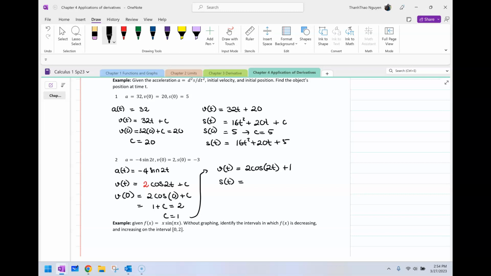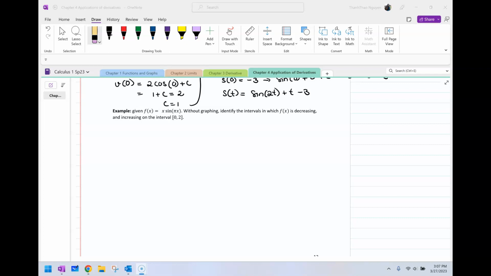The derivative of sine equals cosine, so this is sine of 2t plus t plus c. We were told that s of 0 equals negative 3. This means sine of 0 plus 0 plus c equals negative 3. Sine of 0 equals 0, therefore c equals negative 3. So our position function in this case is sine of 2t plus t minus 3.